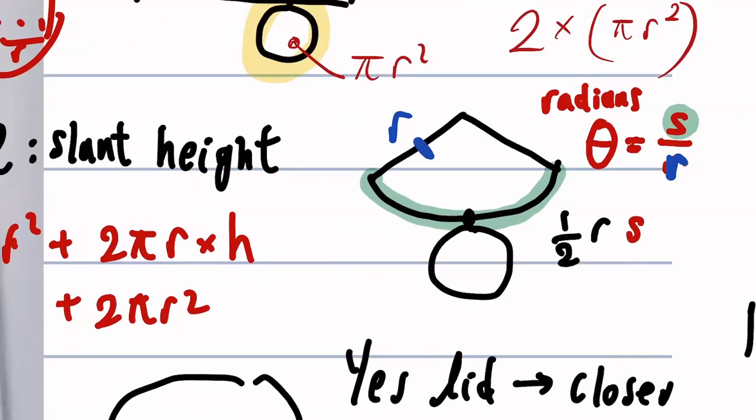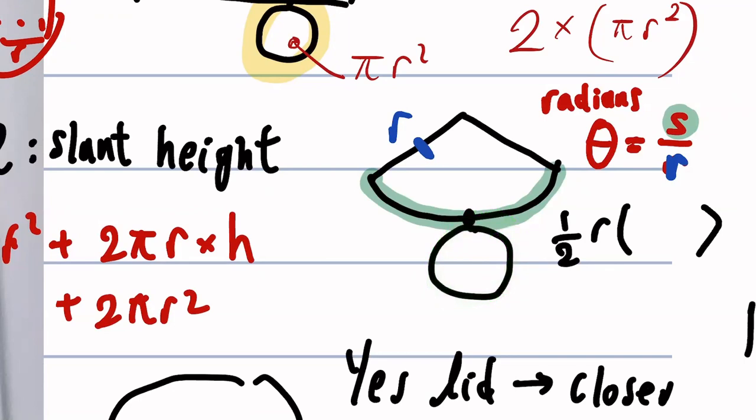S is this green part here, the arc length, which wraps itself around the entire circumference of the circle, so it is really just the circumference of the circle.